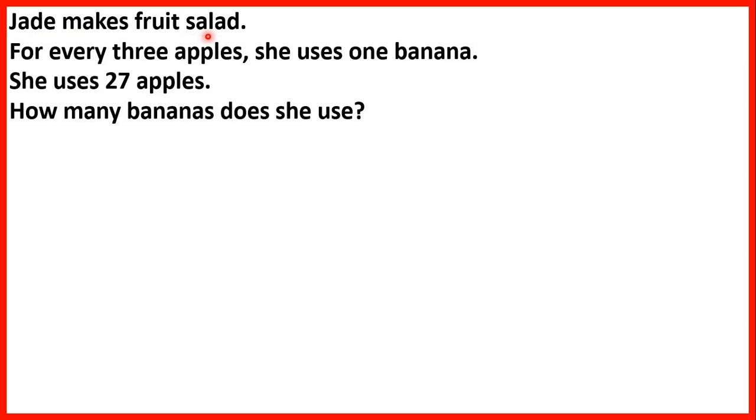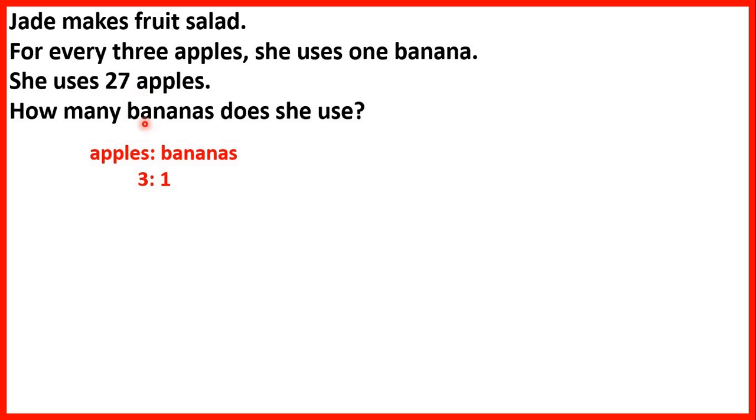Jade makes fruit salad. For every 3 apples, she uses 1 banana. She uses 27 apples. How many bananas does she use? So we know that for 3 apples, she will use 1 banana. So we could write this as a ratio, 3 apples to 1 banana.